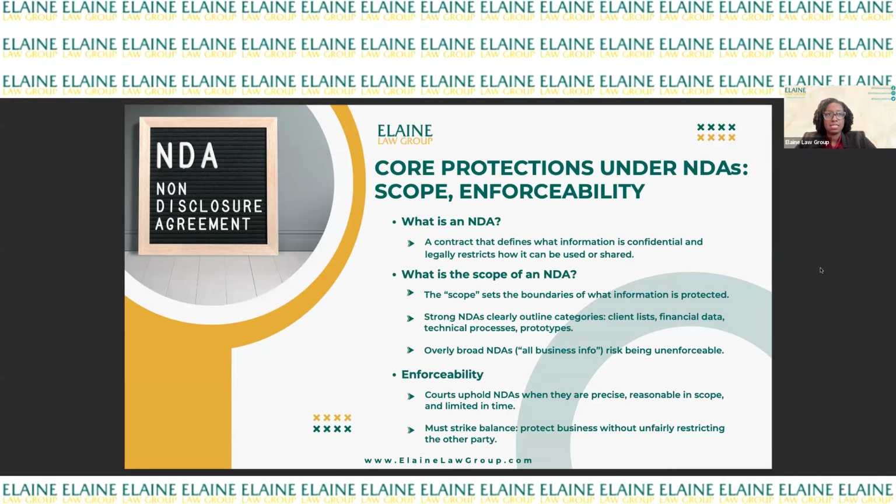The scope of an NDA typically talks about what type of information is covered, and also other types of information that people may not believe is confidential or proprietary, but it could be.